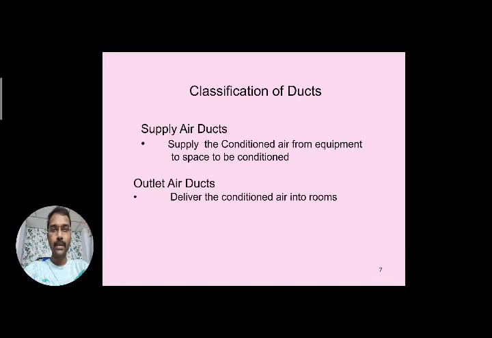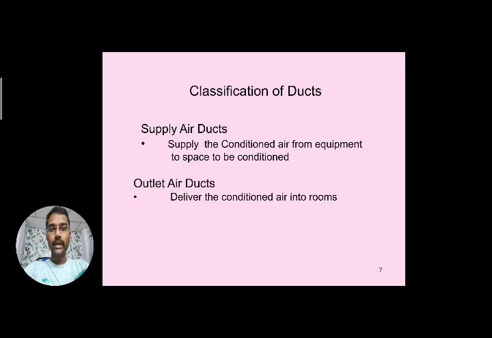A supply air duct supplies the conditioned air from the equipment to the space to be conditioned. Where space cooling is required, that duct will pass the conditioned air to the space where it has to be cooled.